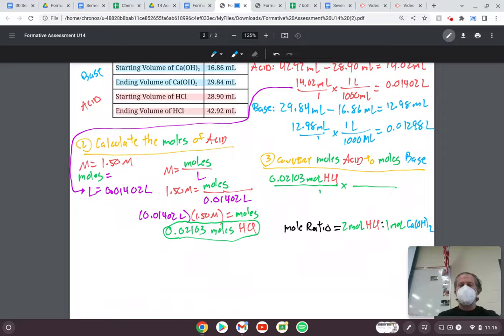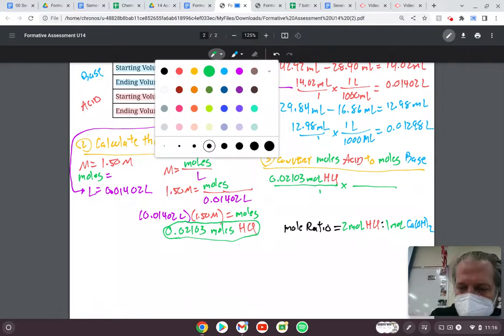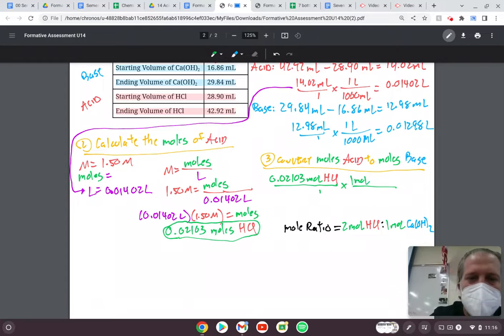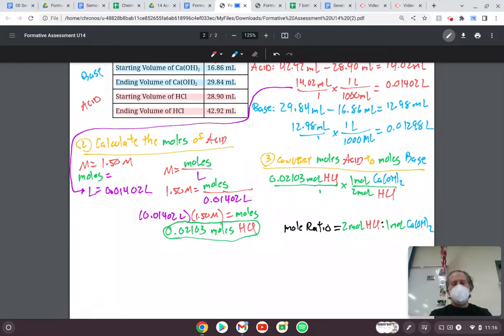So I'm going to set this up so moles of HCl cancel out. I'm going to put 1 mole of calcium hydroxide on the top and 2 moles of HCl on the bottom. And then I'm going to solve that.